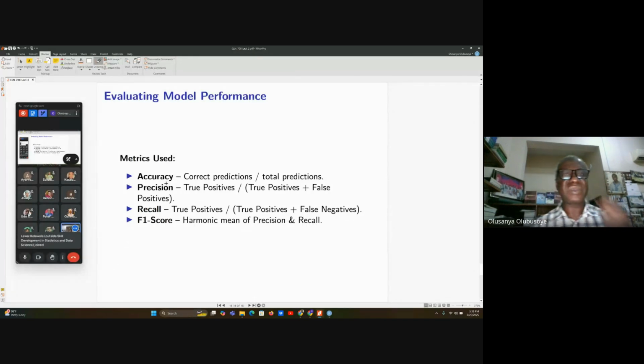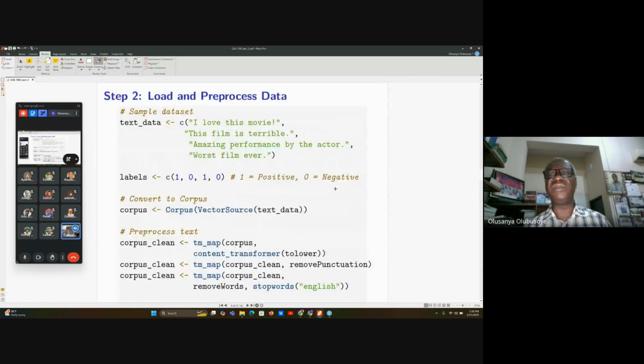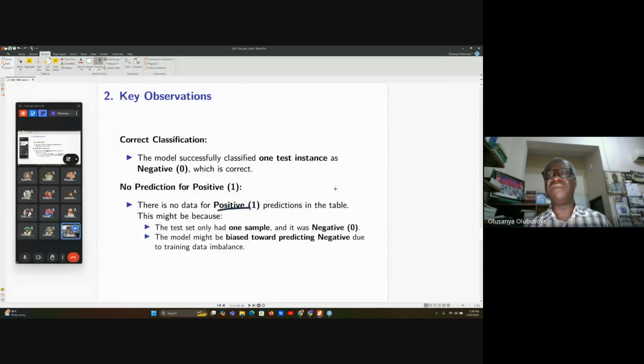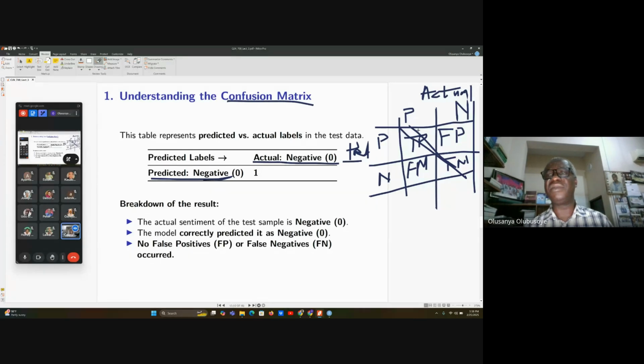accuracy is the total number of correct predictions over the total number of predictions. So this is where you have correct predictions.